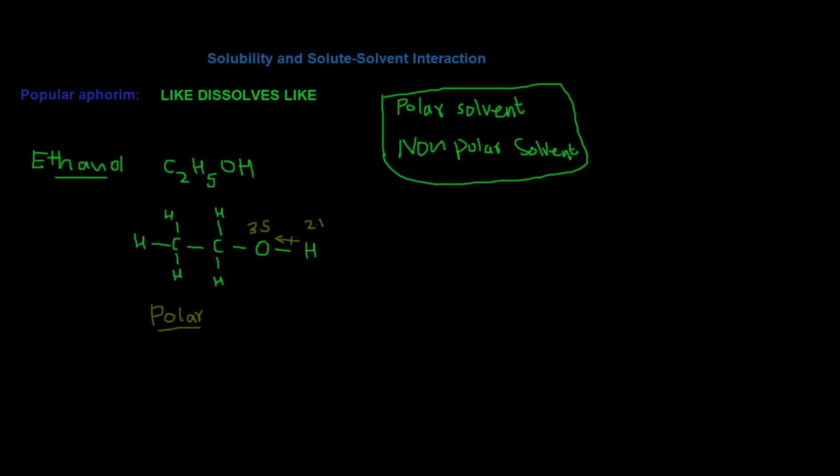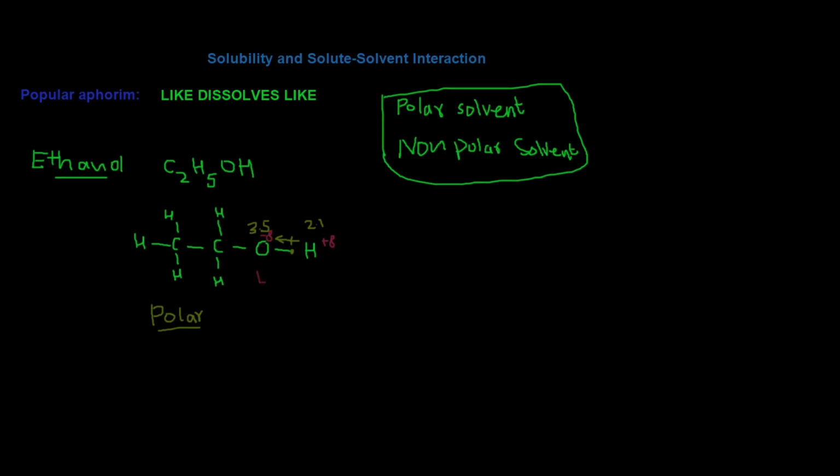It means the electron of hydrogen will be shifted toward the oxygen atom, and as a result we will get a partial positive pole on the hydrogen atom while a partial negative pole on the oxygen atom.